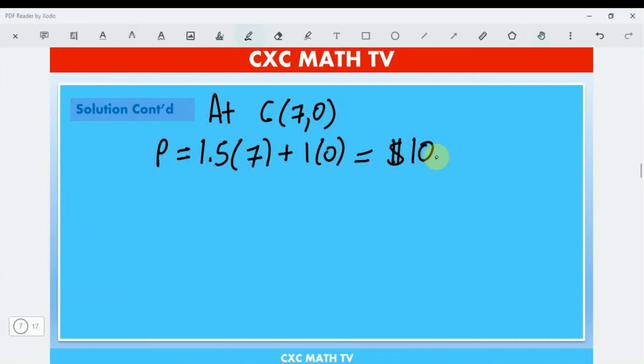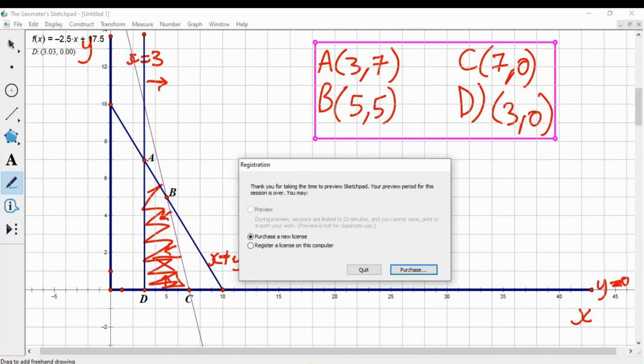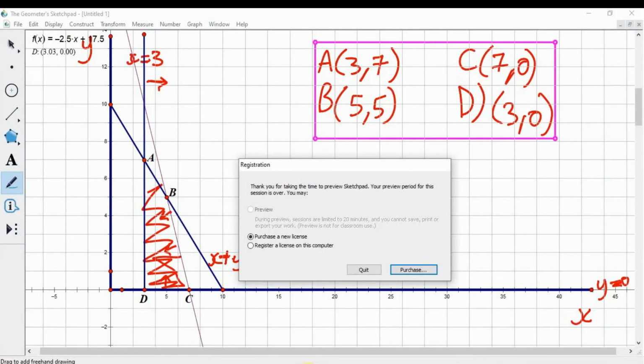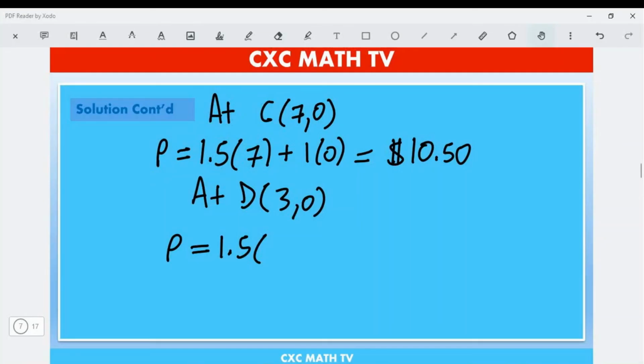That's $10.50. And then finally at the point D, we have 3, 0. So what we're going to do is take out our calculator. At 3, 0, the profit is going to be 1.5 times 3 plus 1 times 0, and that is 4.5.